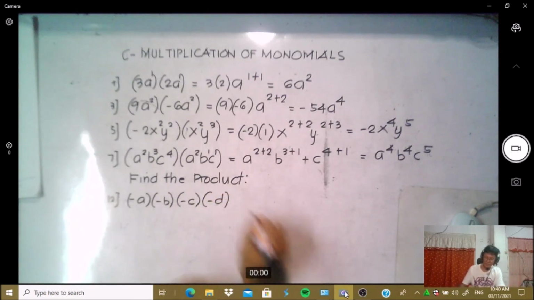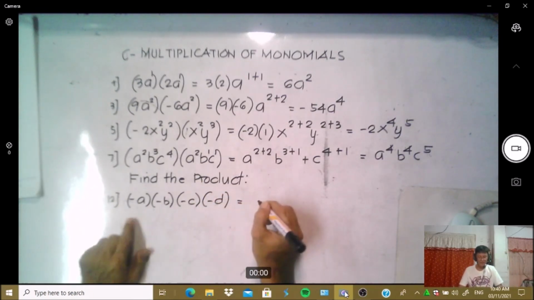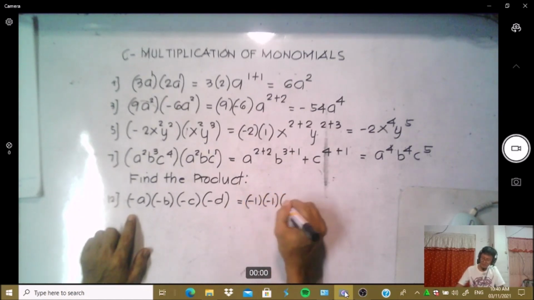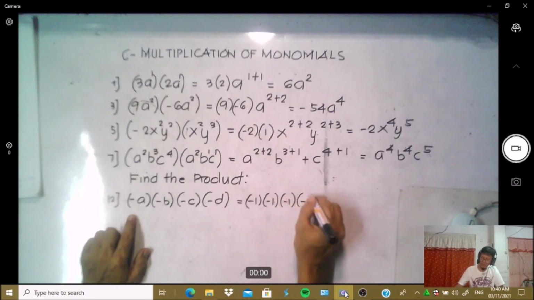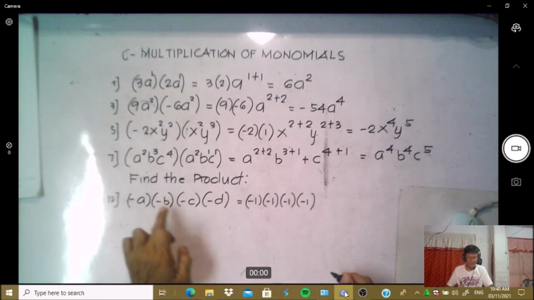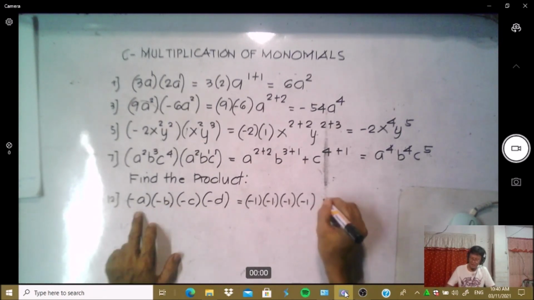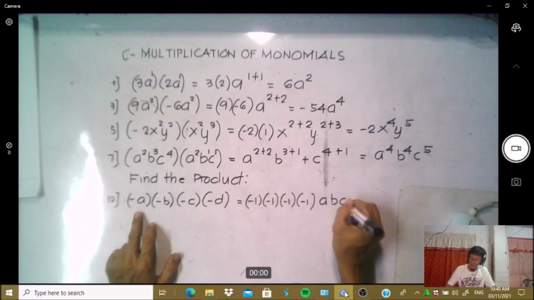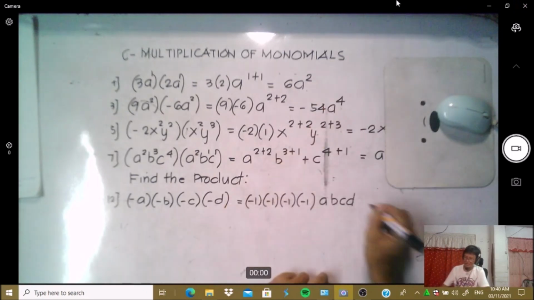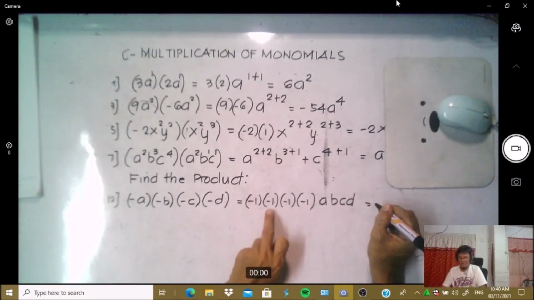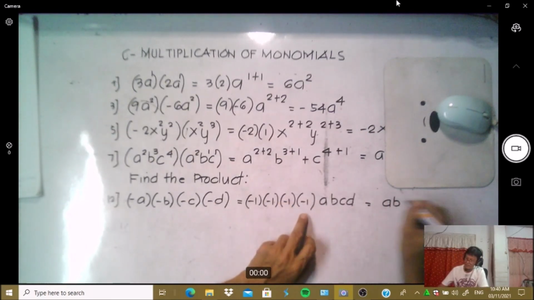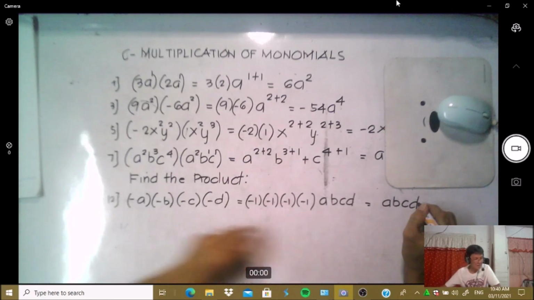And therefore, we have to multiply negative 1 by negative 1 by negative 1 and negative 1. Then a, b, c, d. Therefore, negative times negative is positive, times negative is negative, times negative is positive. So we have positive abcd.